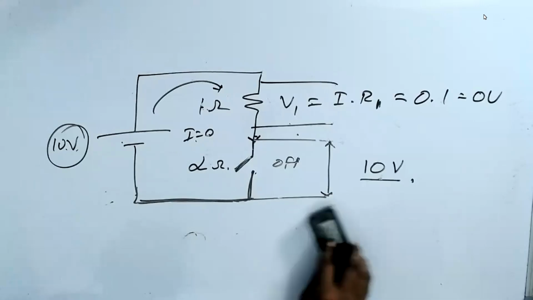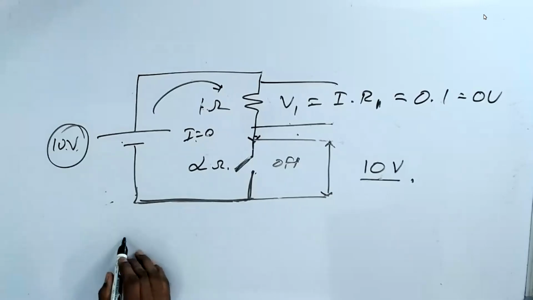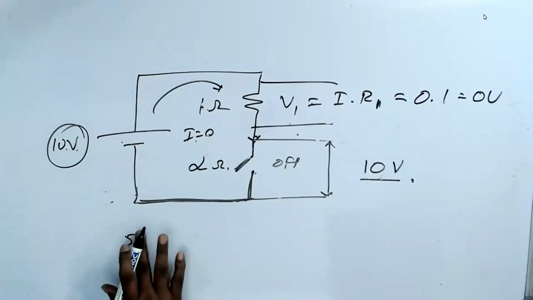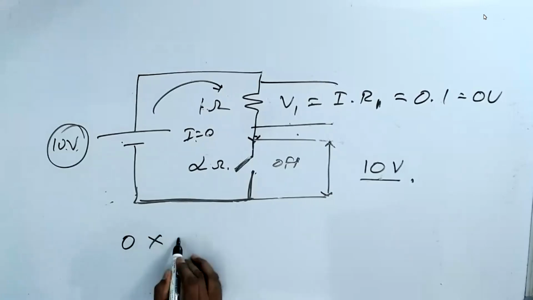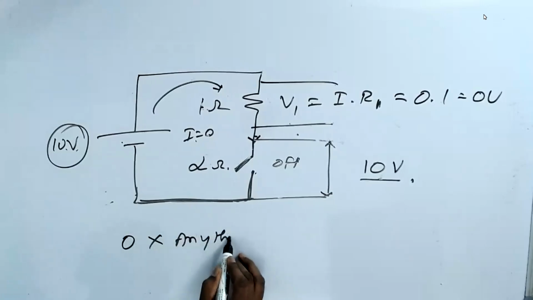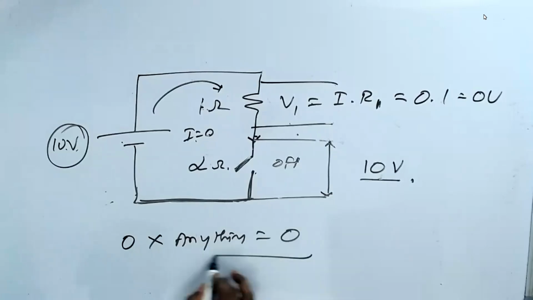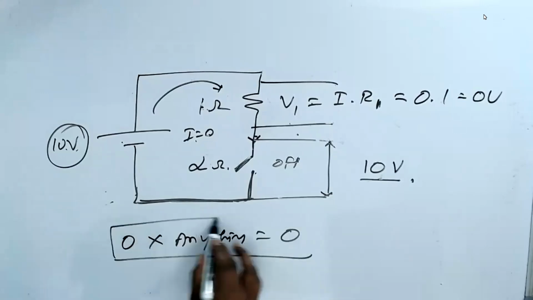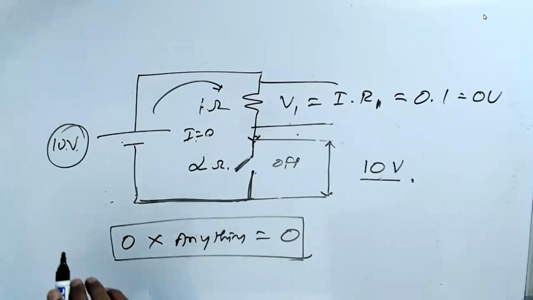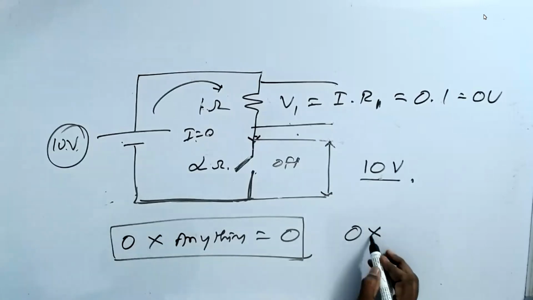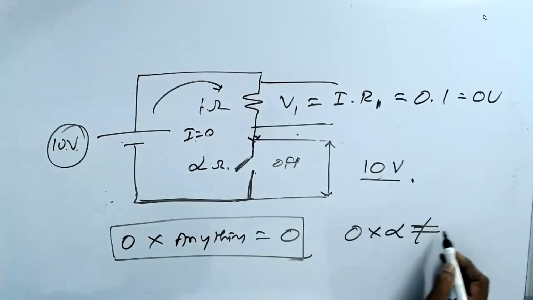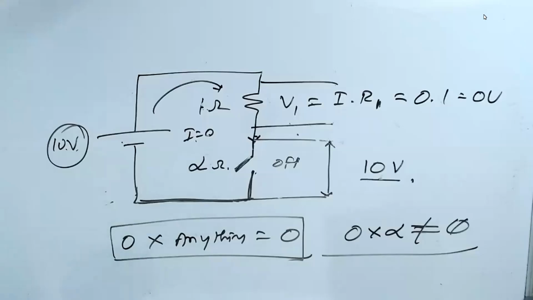During school, when you were in the 5th or 6th standard, they taught you 0 into anything is equal to 0. But very unfortunately, later they forgot to revise it. 0 into infinity is not equal to 0. 0 into anything is 0 except infinity.